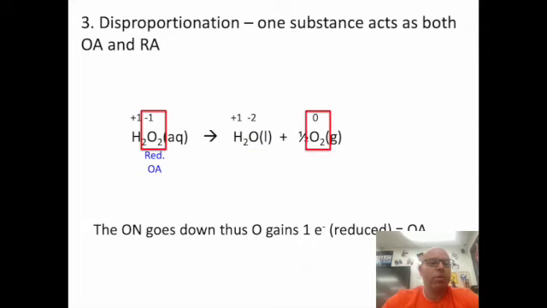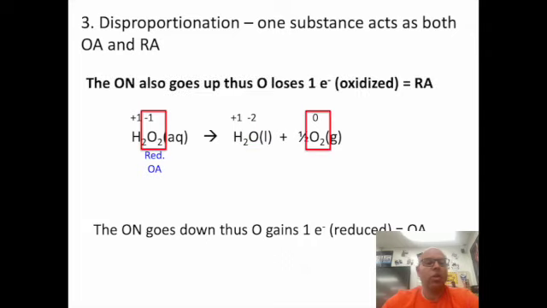But also, oxygen's going from a -1 to a 0. So when the oxidation number goes up, we've lost electrons, oxidized. So that atom is both the OA and the RA. When one substance can act as both the OA and the RA, it's called disproportionation.